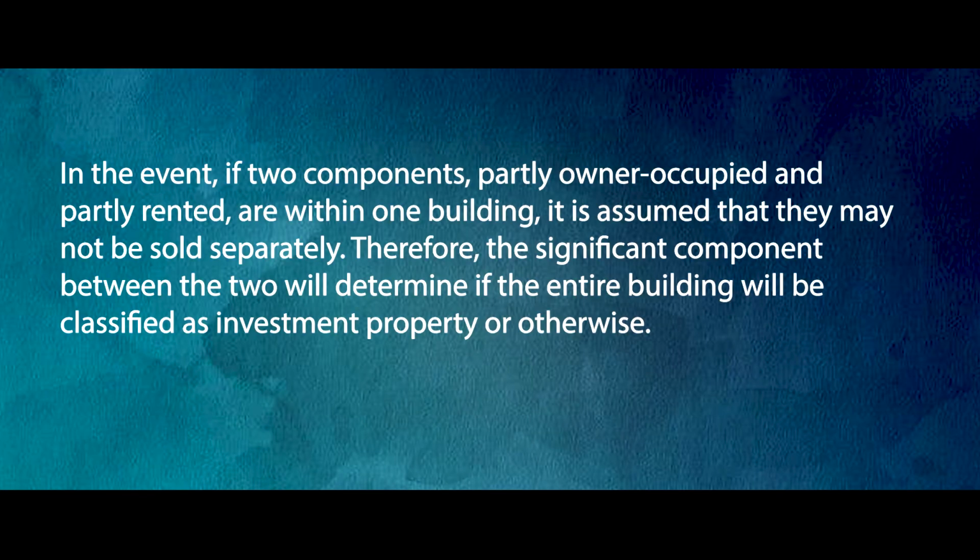Here between the two means they are talking about owner occupied property and rented property. So from these two, whichever is having significant component, we have to treat that for accounting treatment, whether the entire building will be classified as investment property or otherwise.